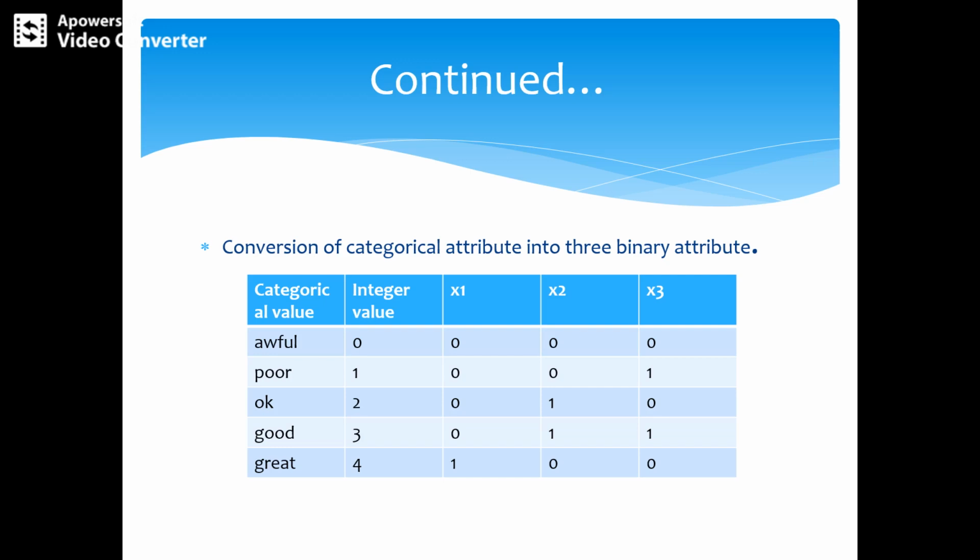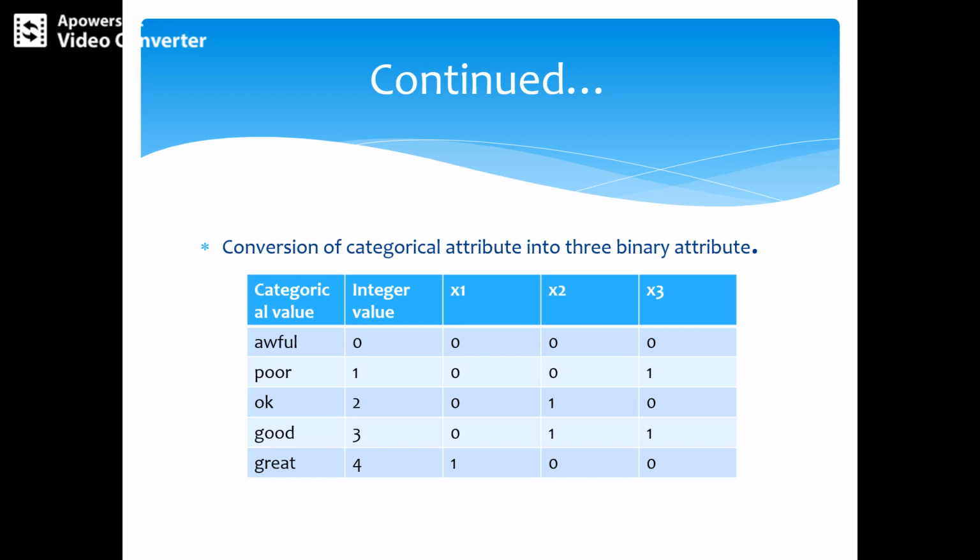If the attribute is ordinal, then the order must be maintained by the assignment. Next, convert each of the m integers into a binary number. Since n equals log base 2 of m binary digits are required to represent these integers, represent the binary numbers using n binary attributes. This is the way we are going to handle it.